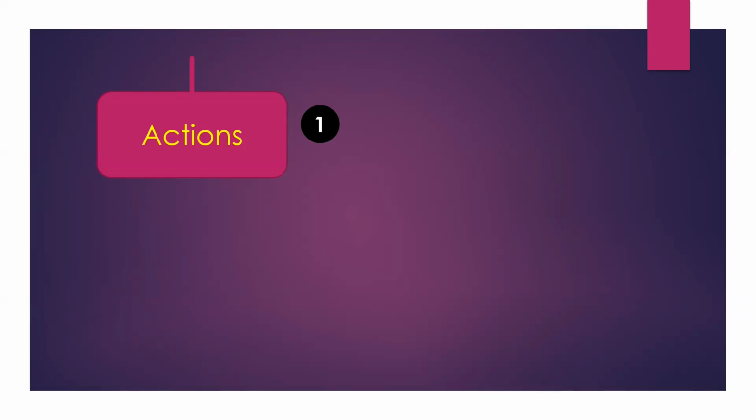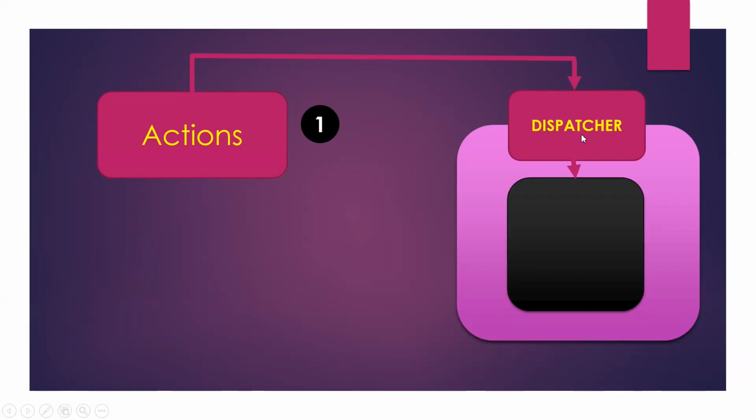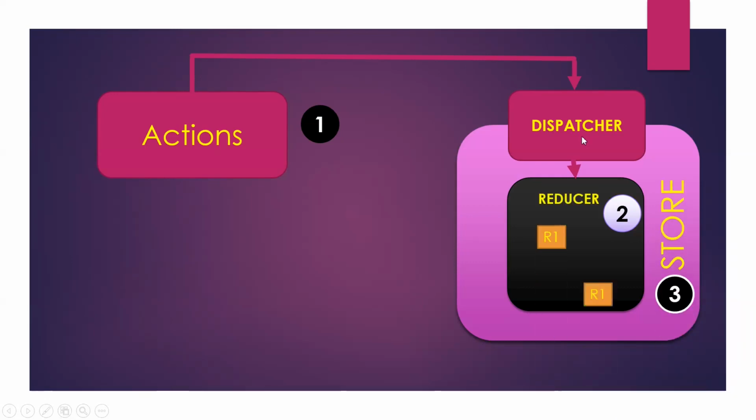Okay, so this is the first step, action, and after action, this is the dispatcher. Means this action is dispatched through the dispatcher. And here, the action dispatched by the dispatcher is received in the reducer. So reducer is the second step, where the actual transformation of the action is done.